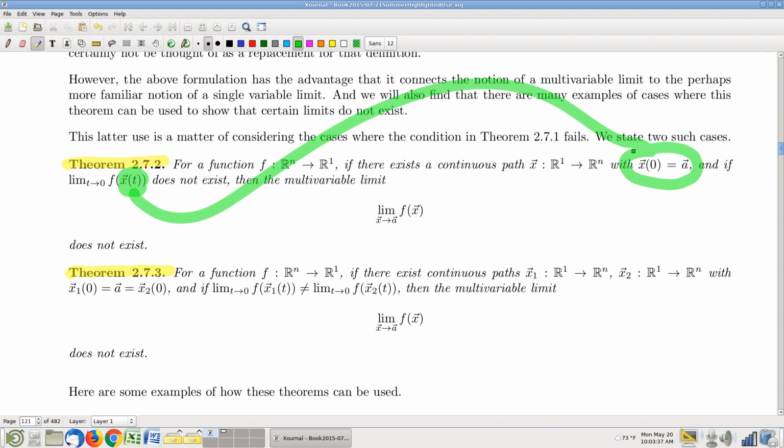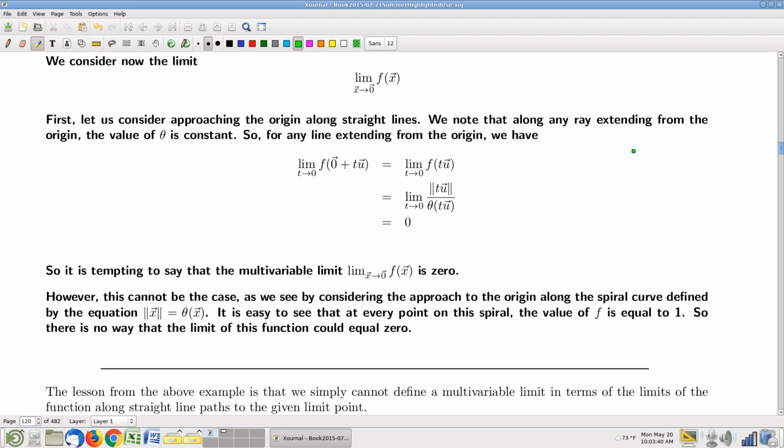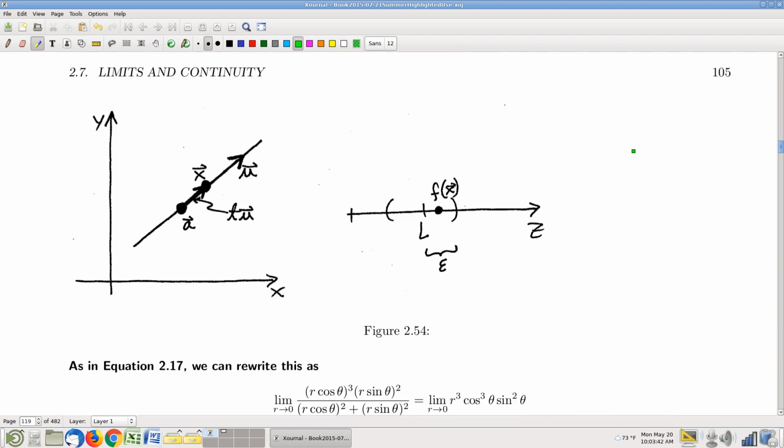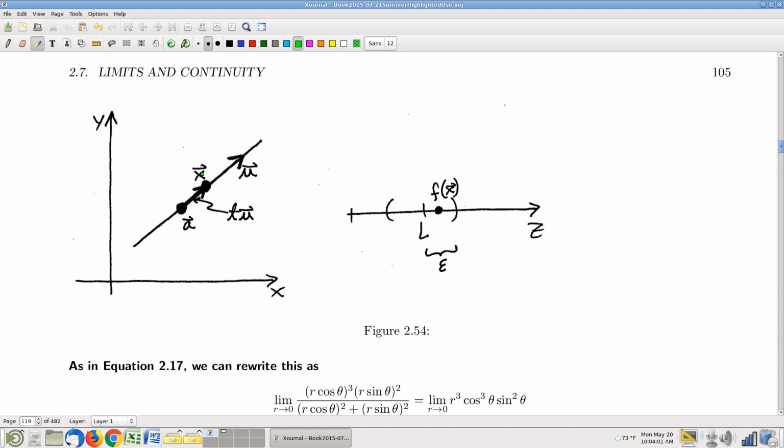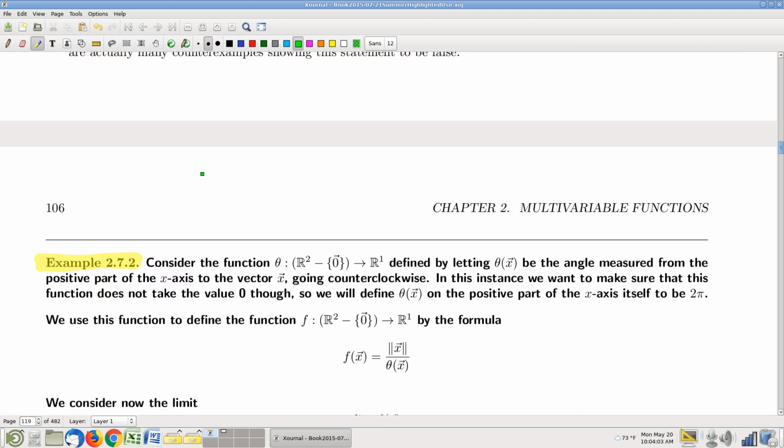And we did see previously that looking just at straight lines was dramatically not good enough. Even if along all possible straight lines through a point you get the exact same value of the limit, it does not address the multivariable limit. This example illustrates that pretty dramatically.